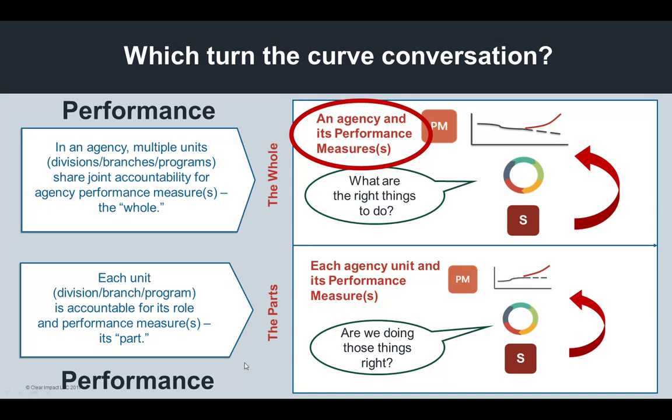In an agency with multiple units, divisions, branches, or programs, they share joint accountability for agency performance measures for the whole. And then each unit, division, branch, or program is accountable for its role and performance measures, its part.